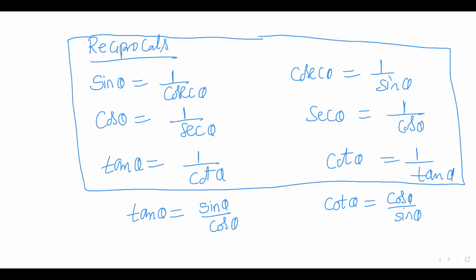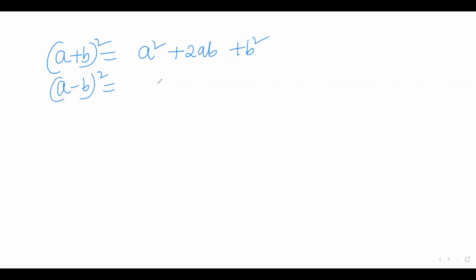Apart from this, you should also know some algebraic identities like a plus b whole square is equal to a square plus 2ab plus b square, a minus b whole square is equal to a square minus 2ab plus b square.